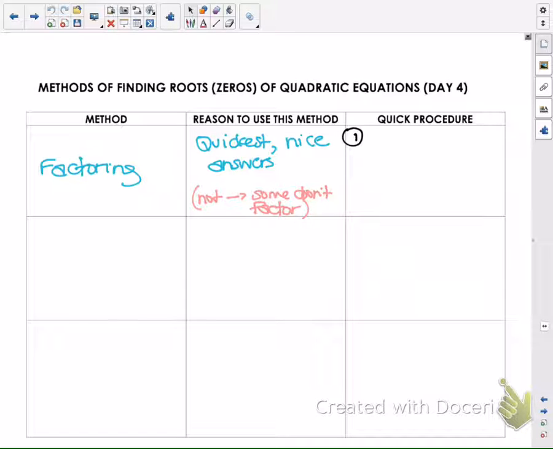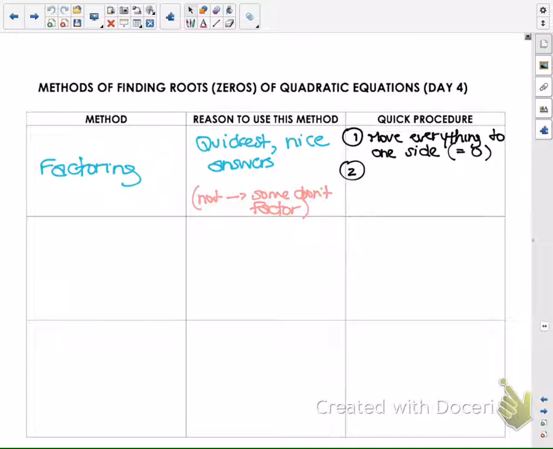Before we do that, we move everything to one side, most likely the left. Move everything to one side. I'm going to put in parentheses here, it has to equal 0. Step 2, we always do what?